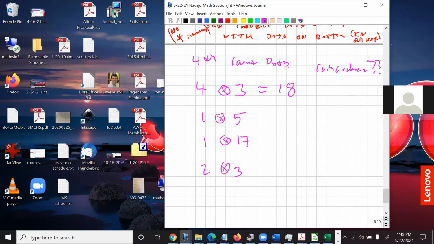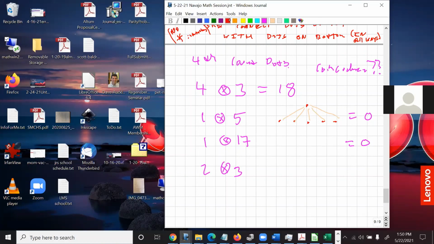If I had just 1 dot and then 5 dots, how many intersections do we get? None. 0. Is this corresponding to what you saw? No. Right? Do you see what would happen if you had 17? Right? Humans are good at generalizing from small examples.